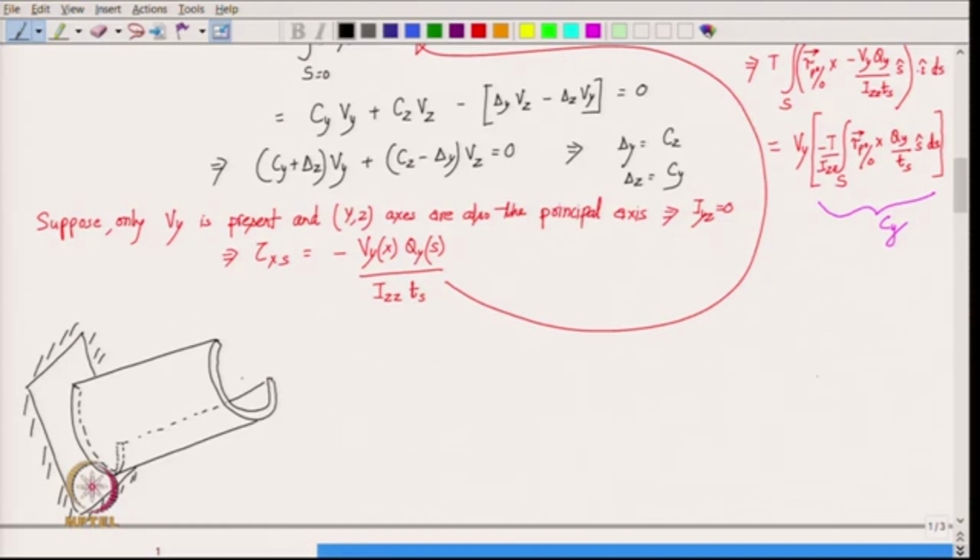So, suppose that the centroid is somewhere here, which we denote by O, and then the shear center let us denote by a different color. Suppose it is somewhere over here, and that is S C. Okay. Likewise, for the s equal to 0 cross section, the left end cross section of the beam, it is also going to have its shear center somewhere over here, S C, and its centroid O, okay.